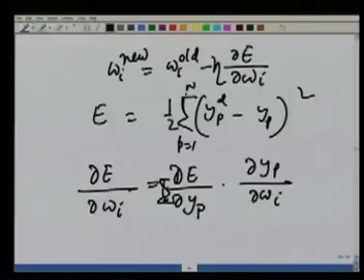For a specific pattern p, I have a term, and I differentiate that term with respect to W_i, that is del E by del y_p by del W_i, because yd_p is a constant term and I have such n terms.